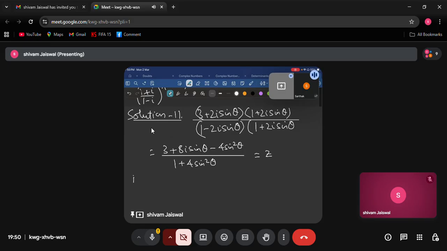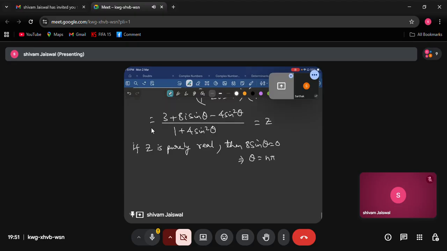Okay, so if z is purely real, then sine theta should be equal to 0, right? The imaginary part should be equal to 0. 8 sine theta is equal to 0. This implies theta is equal to n pi.